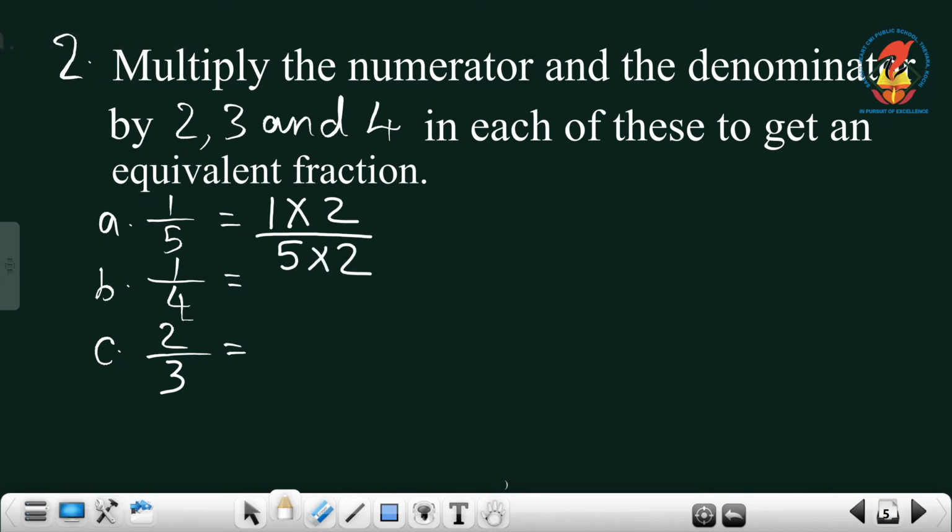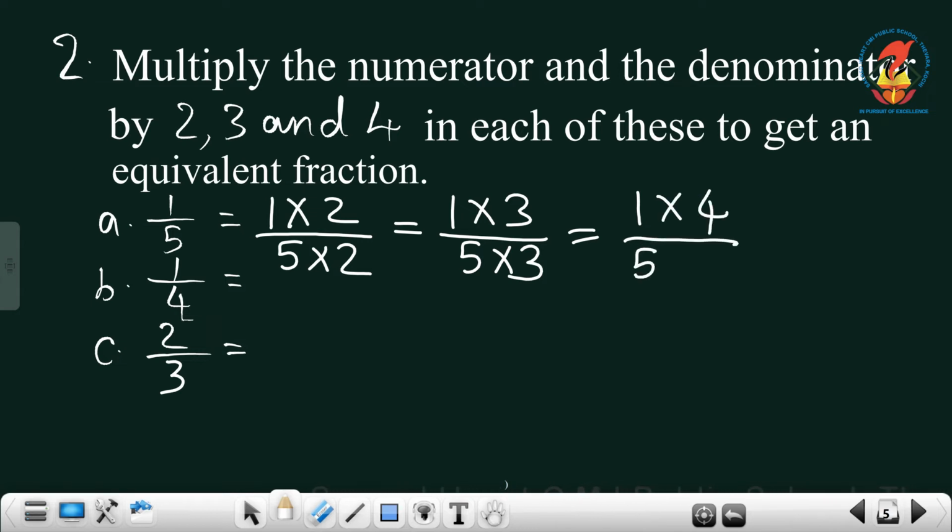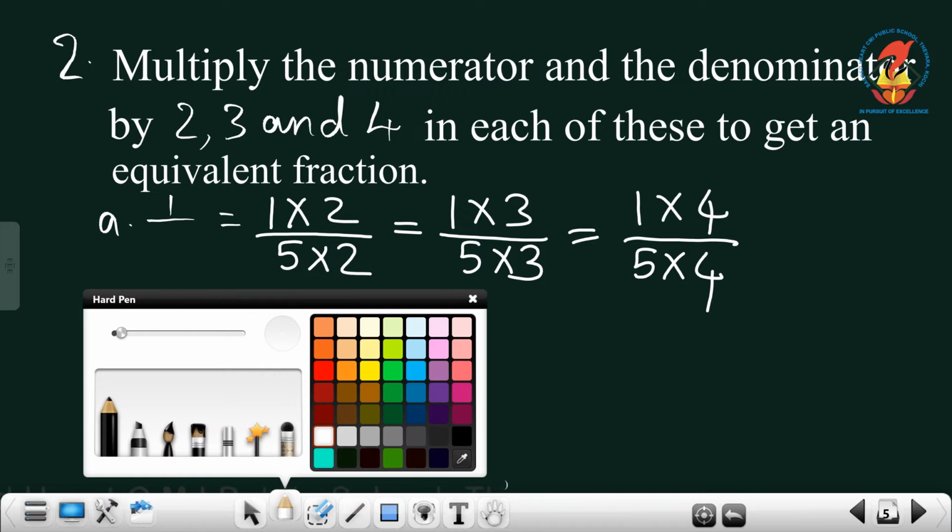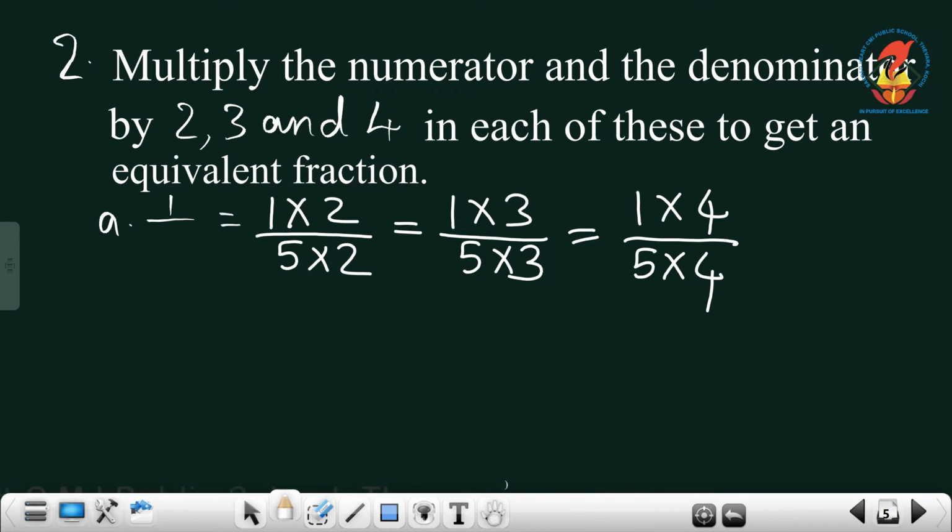The next we multiply 1 into 3 and 5 into 3. And the next is 1 into 4 and 5 into 4. I will show you the answers. This one is 1 by 5, right? Okay. And 1 into 2, 5 into 2.